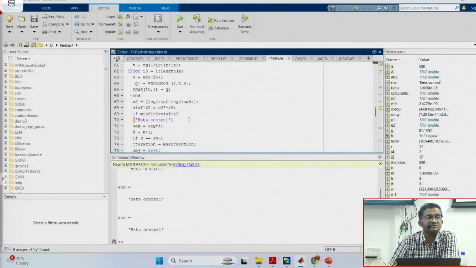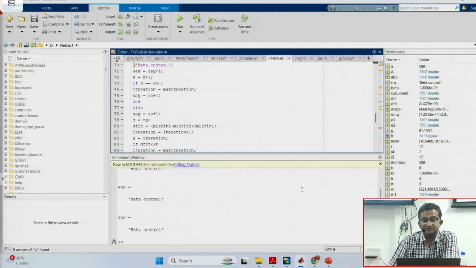That way you can do some trial and error, and by changing your iteration automatically there will be an initial value and then a final estimated value, and these have been plotted.